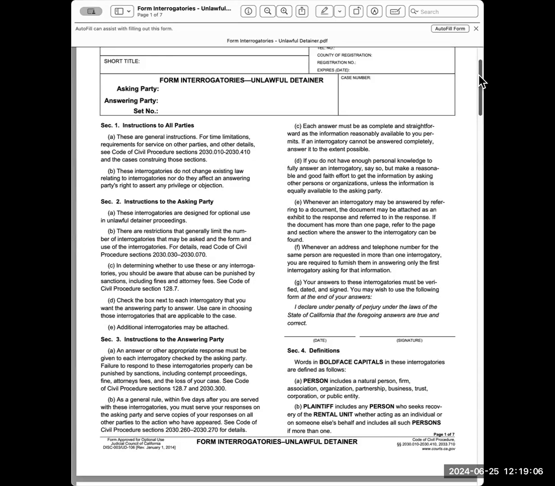Okay, we're going to get started. I'm going to pull up the template that we use for form interrogatories unlawful detainer.